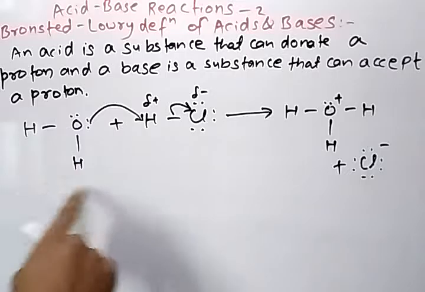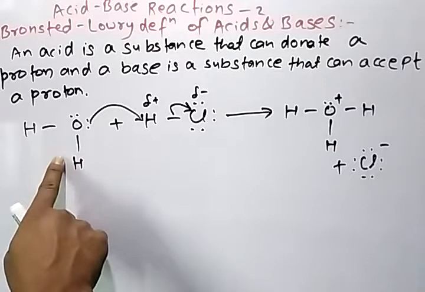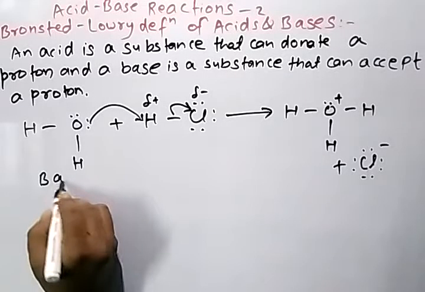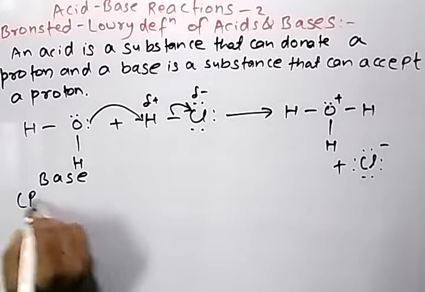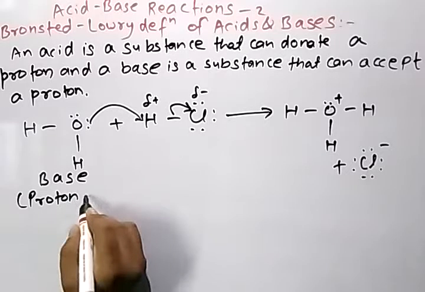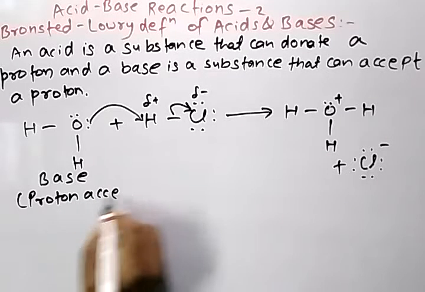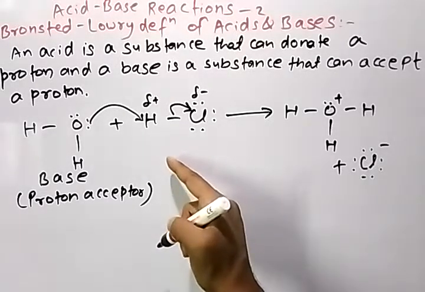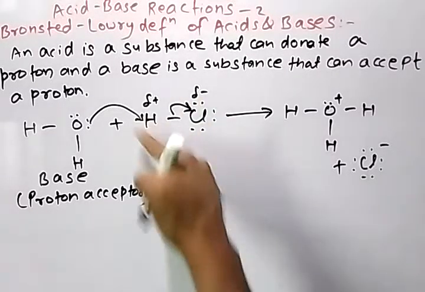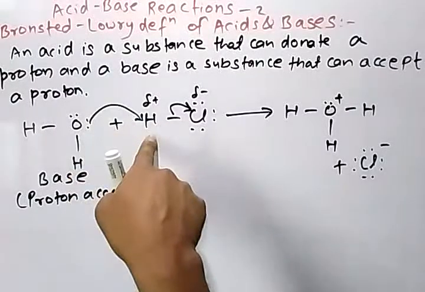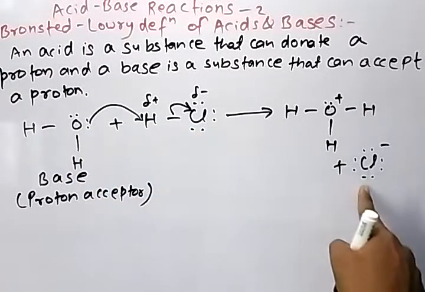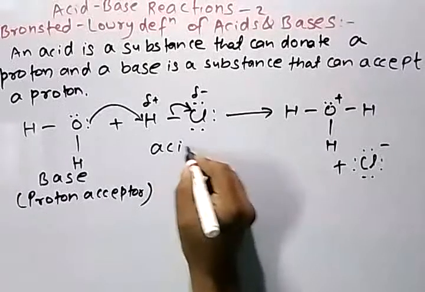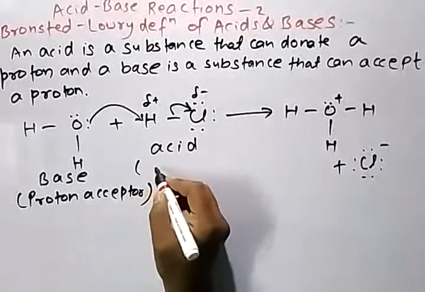That means this water molecule is a proton acceptor, so this is a base. Okay, now what about this HCl molecule? It loses its proton and becomes chloride, so this is an acid, a Bronsted acid, because this is a proton donor.